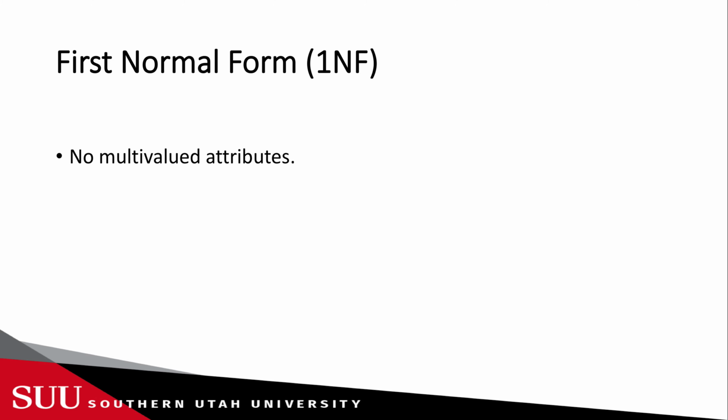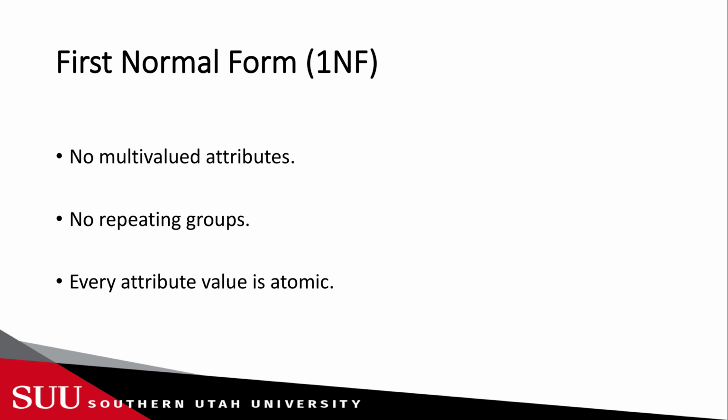We need to have no multi-valued attributes, which is the same as no repeating group, which is again the same as saying every attribute is going to be an atomic attribute. And we also need to identify our primary key. If we achieve those things, then we can safely say that our table is in first normal form.